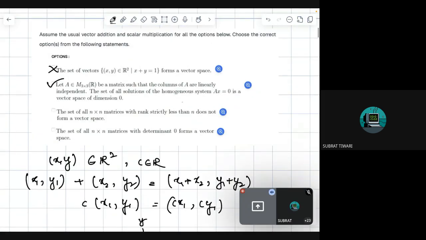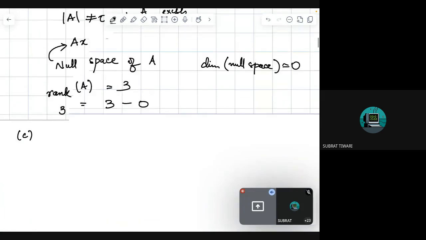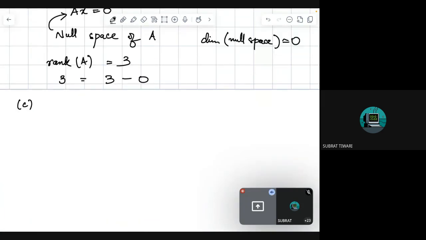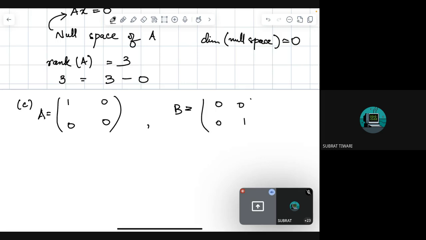Right. So, consider two matrices. Say, for example, 1 0 0 0 and another matrix 0 0 0 1. Now the rank of A is 1 and rank of B is also 1, right?